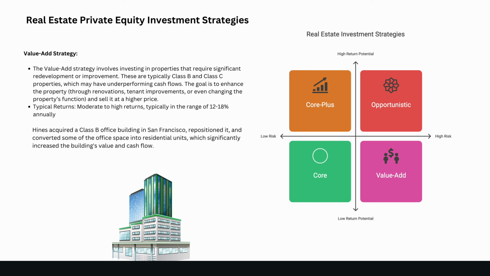Returns are typically moderate to high, in the range of up to 18% annually. For example, a fund acquired a Class B office building in San Francisco, repositioned it, and converted some of the office space into residential units, which significantly increased the building's value and cash flow.